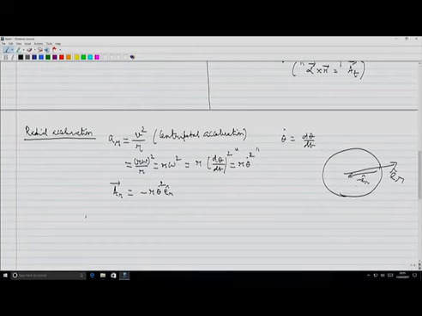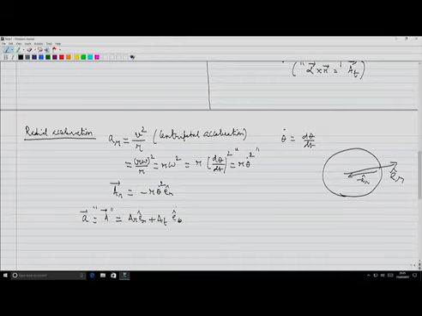So actual a is equal to, in our earlier notation, a_r unit vector e_r, the radial component of the acceleration, plus the tangential component of acceleration, theta, right?